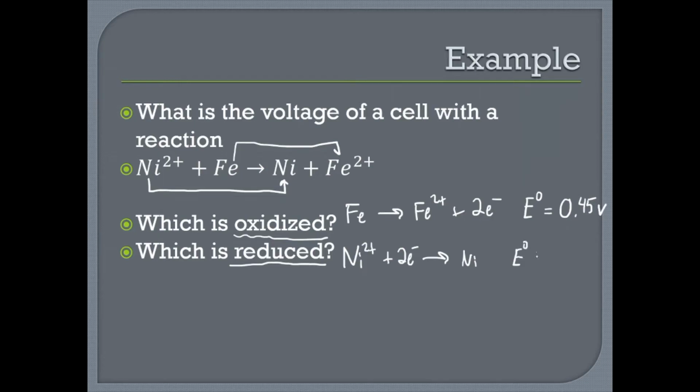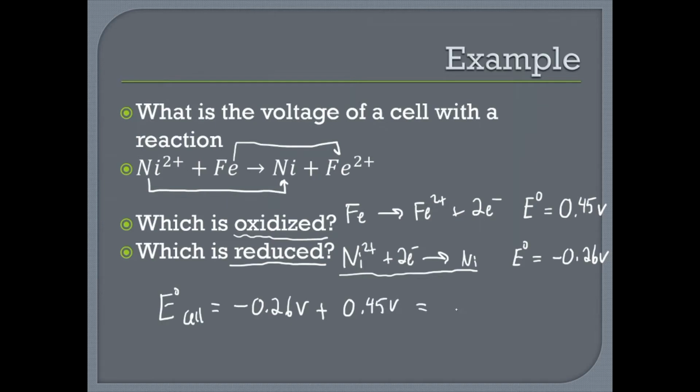Now the nickel ion going to solid nickel will have a voltage of negative 0.26 volts. And we don't reverse that sign because this reaction is the same one as shown in the book. It's not reversed. So the total voltage of the cell is our reduction reaction, negative 0.26 volts, plus our oxidation reaction, which is 0.45 volts, for a total voltage of 0.19 volts.